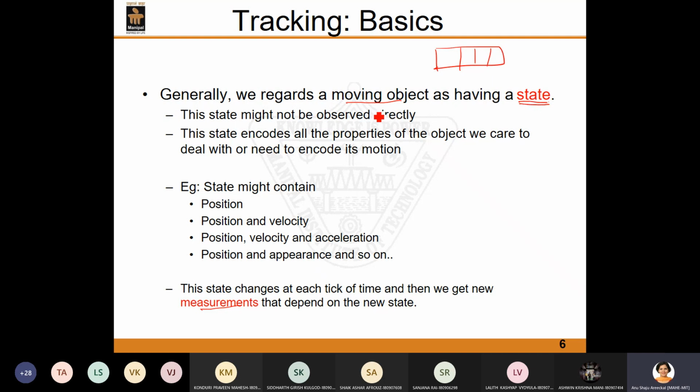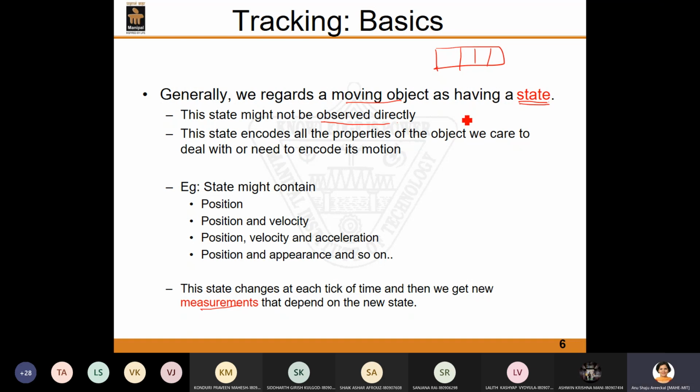But that state may be something that can be observed easily or directly, or maybe it is not something which can be obtained or seen directly. Anyway, whether it is observed directly or not, whenever you're looking at an object which is moving in a particular sequence, you can say that the object has a particular state, right.